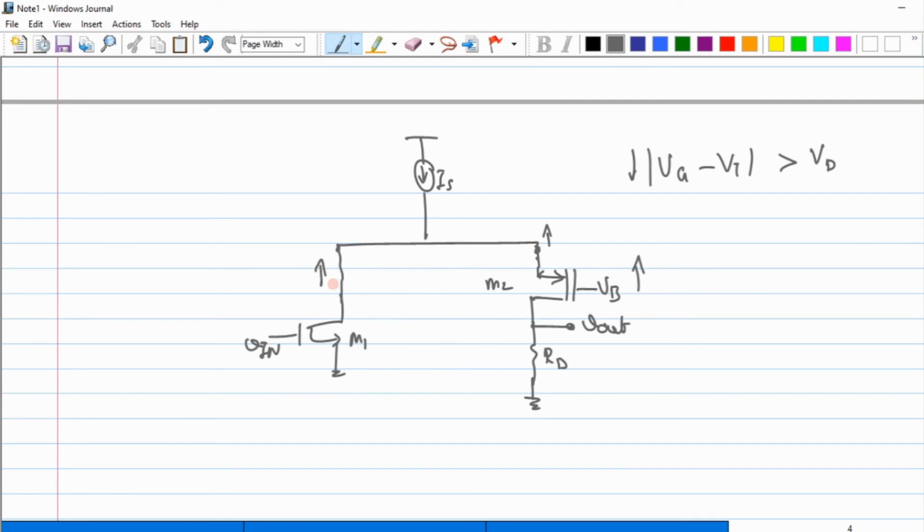Does my M1 stay in the saturation regime when I try to push up? Yes, okay. So in this case, the VB can go higher, but cannot go smaller.